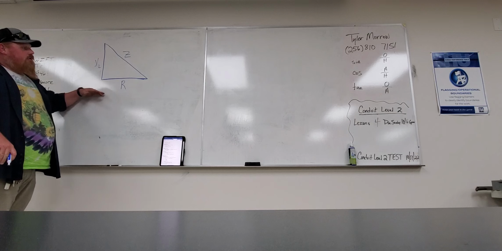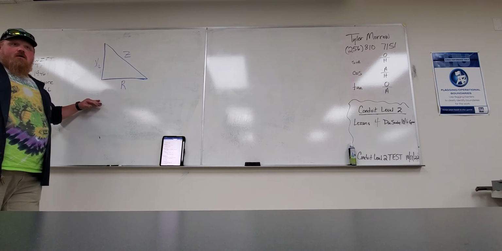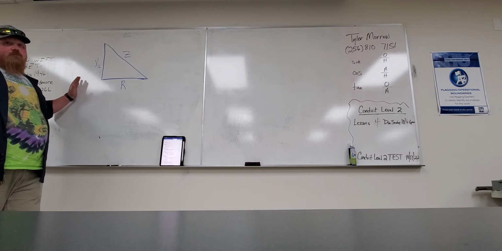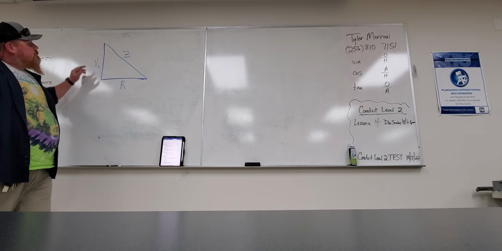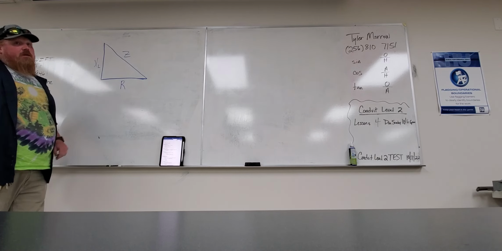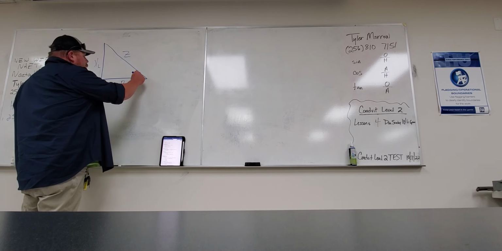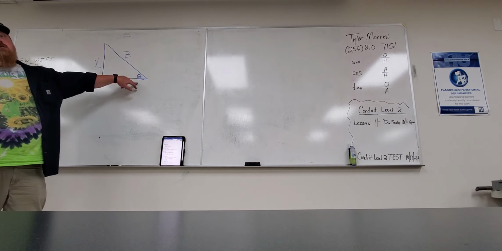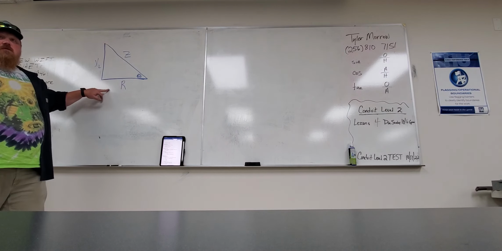Our horizontal leg is always going to be the resistive part. The vertical leg is always going to be our reactive part. Our hypotenuse will be our impedance. Our angle here will tell us the phase shift between our reactance and our resistance.